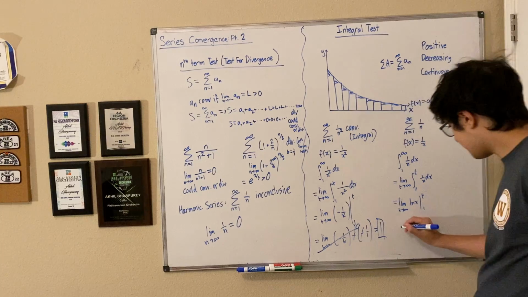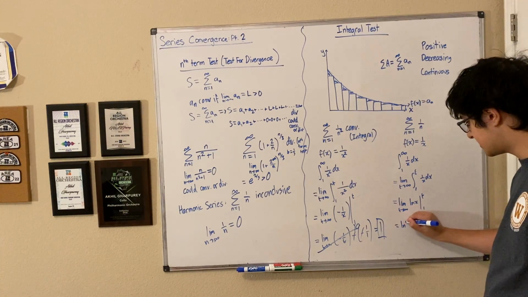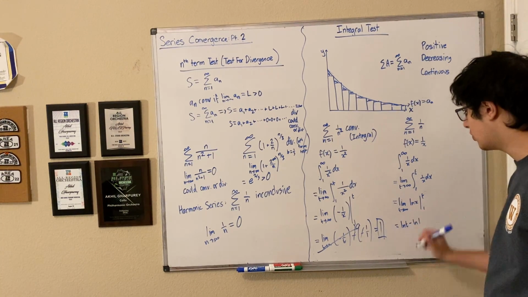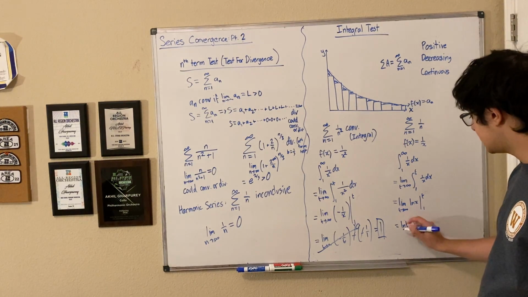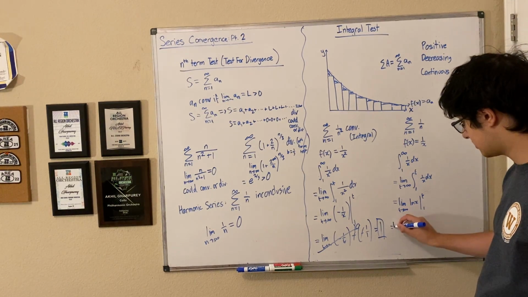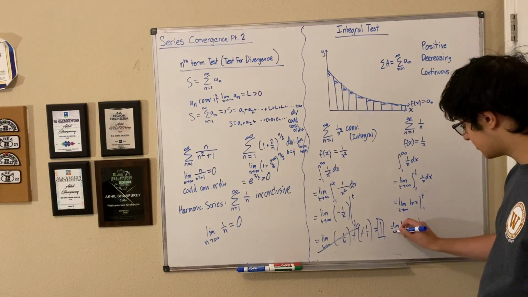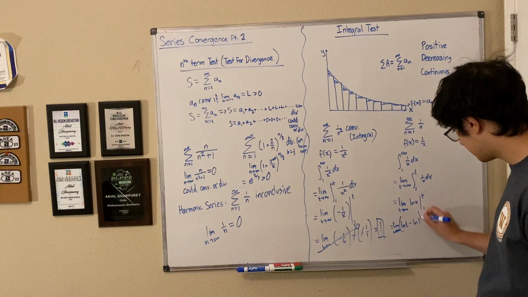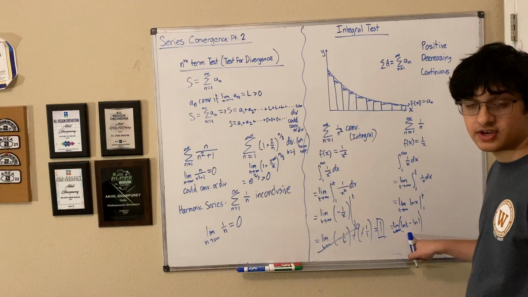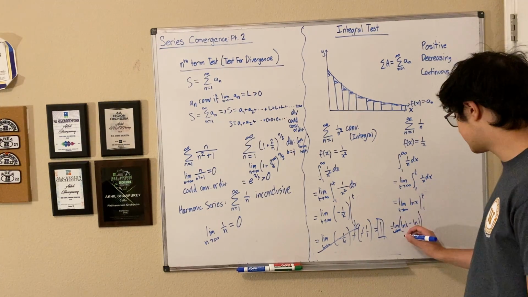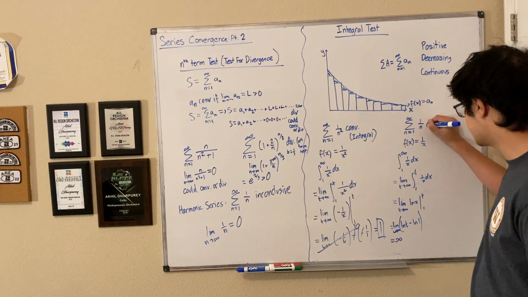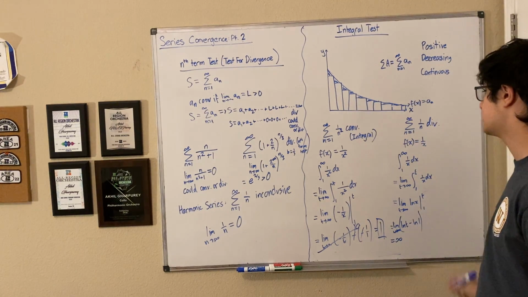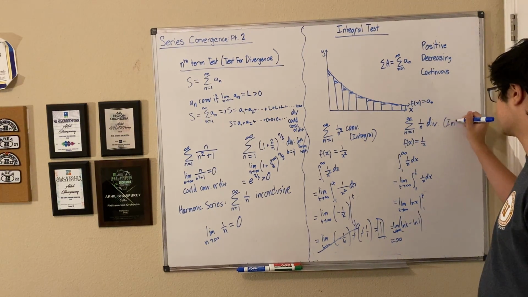So this is going to be ln t minus ln 1. And if you notice, ln t, and I gotta write the limit here, the limit as t goes to infinity, ln infinity is pretty much just infinity. So this is infinity, it diverges, so the series also diverges by the integral test.